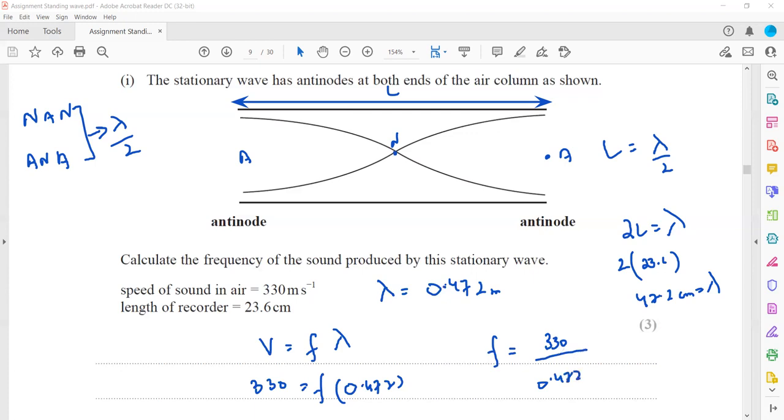This will give us the frequency. It will come out around 699 hertz. That's the fundamental frequency. Is it clear? The first part.